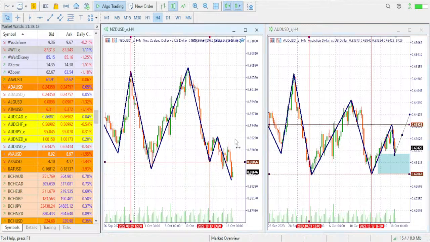The other one up to the same level, this one. 0.59290, 0.63923. So we are going to expect that the price may likely reverse on this one to the upper side, and it's likely to reverse because of this gap here.